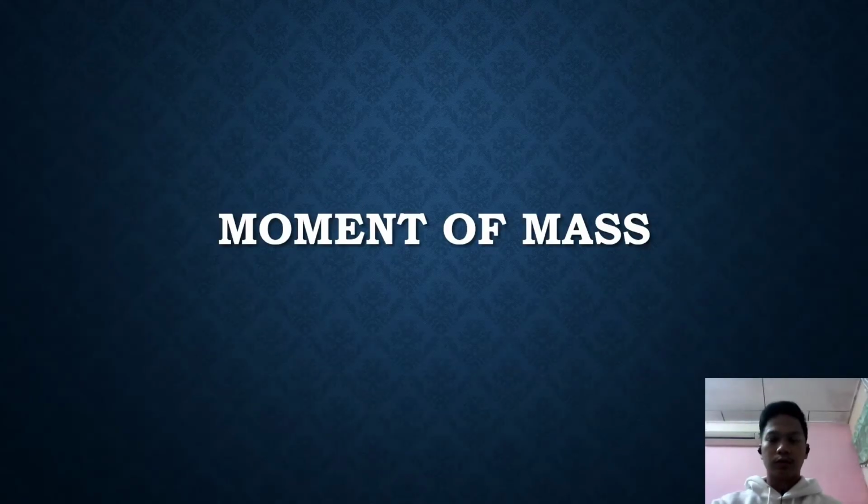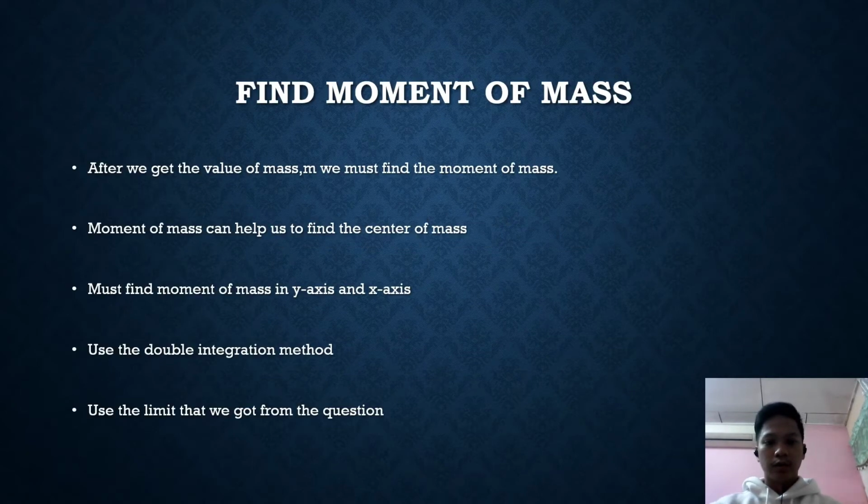Assalamualaikum warahmatullahi wabarakatuh. My name is Muhammad Kamal Abraham Osman and my metric number is AF190076. Now I will explain about the moment of mass. After we get the value of mass, which is m, we must find the moment of mass.